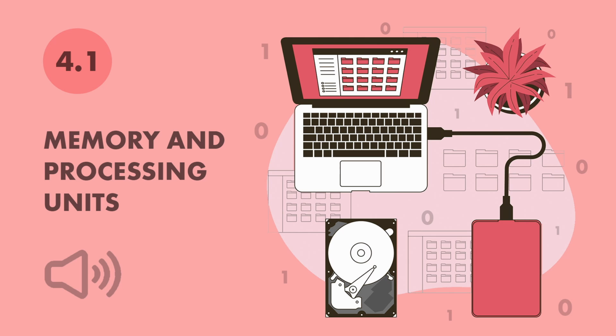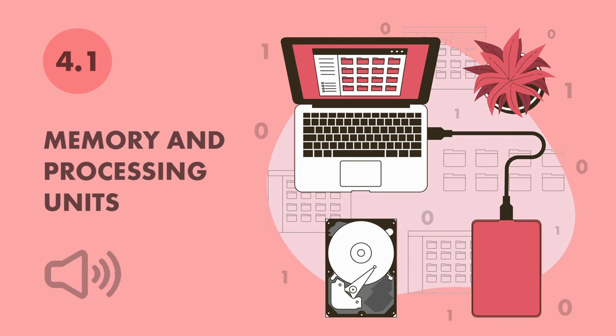Data is stored in the computer as a large set of numbers. These numbers are called binary numbers. Binary numbers use 2 digits, 0 and 1, to represent all possible values.